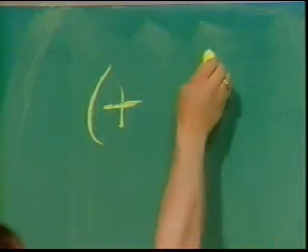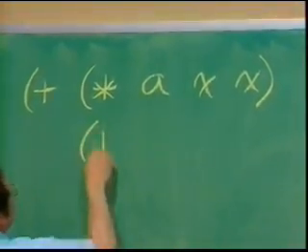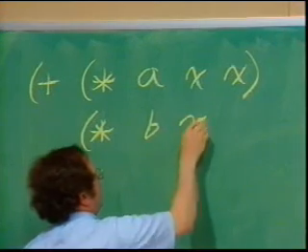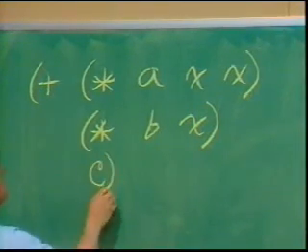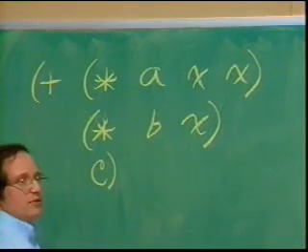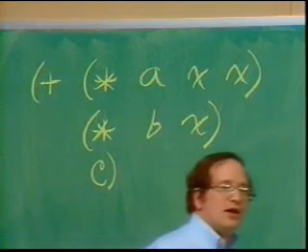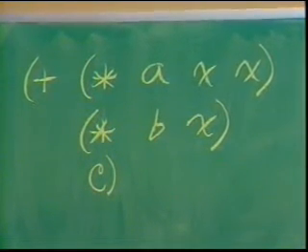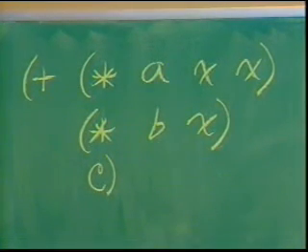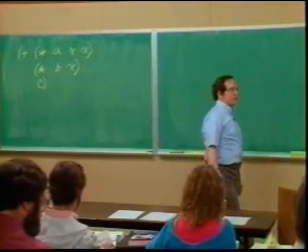So we can write things like the sum of the product of A and X, and the product of B and X and C. Addition takes 3 arguments or 2 arguments. Multiplication takes 2 arguments or 3 arguments, all of which are to be treated in the same way. And this is a valuable thing, indefinite numbers of arguments.